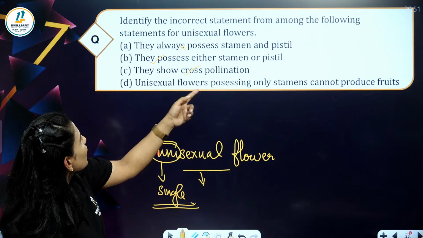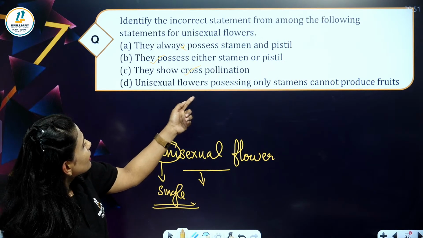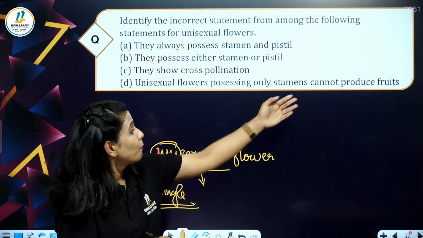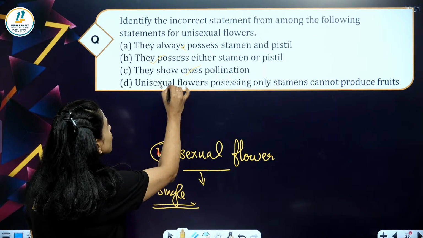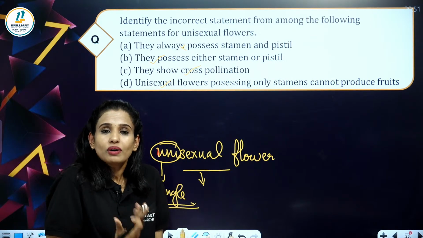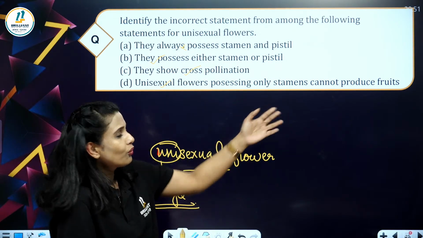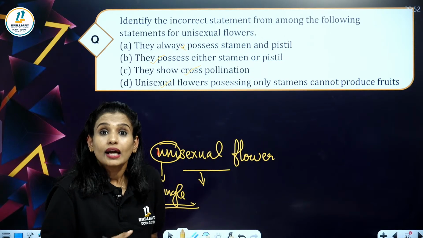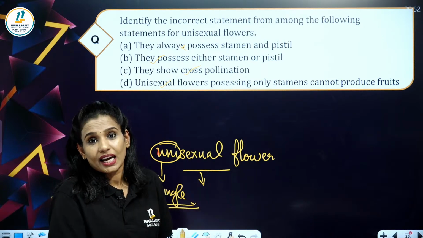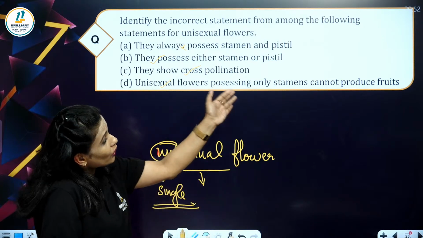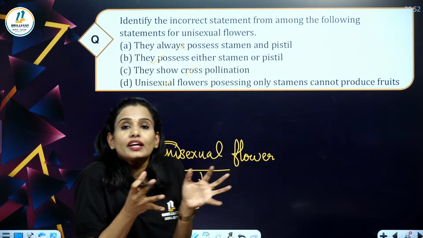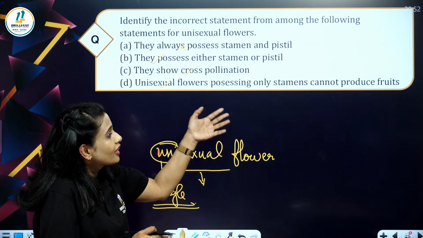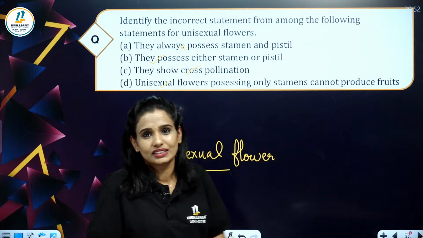Why can they not produce fruits? Because if they contain only stamen, they cannot undergo fertilization and they cannot produce fruits.